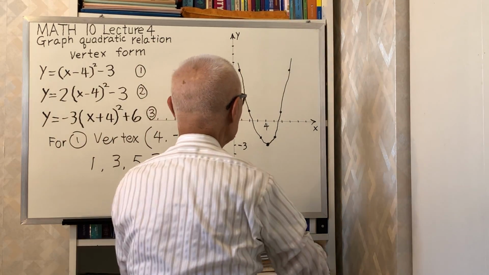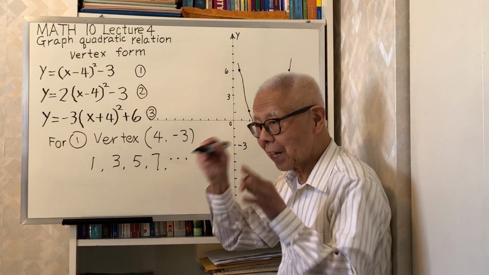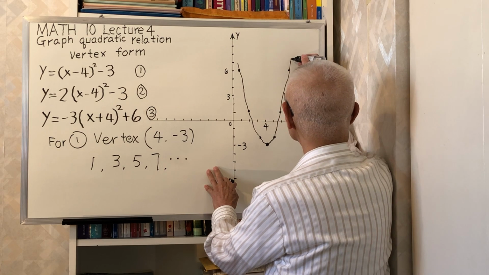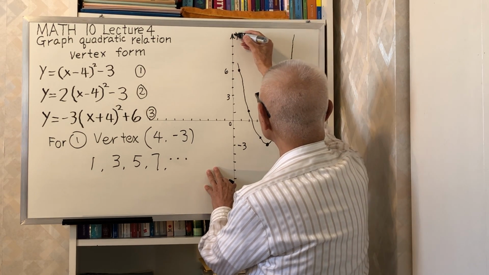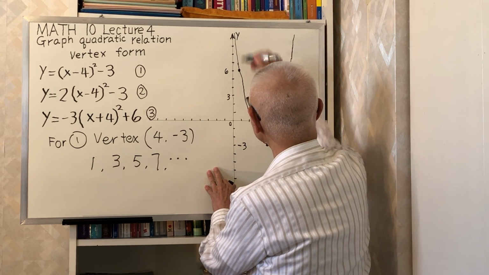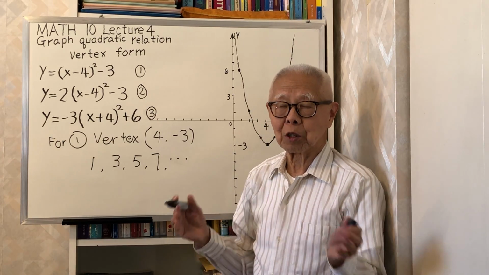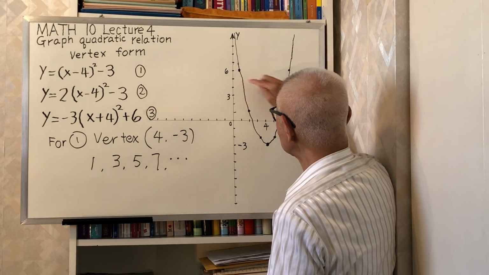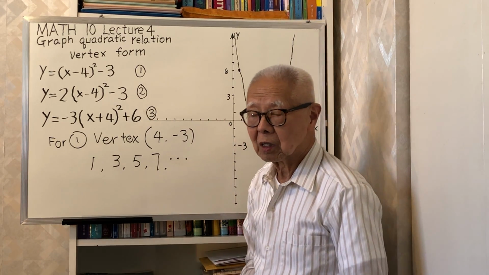So you need to draw the graph to the edge of your graph paper. You cannot stop here. You have to go up until this is the edge of the graph paper. So this is how you draw the graph nicely. Do not draw the graph stopping somewhere here. No.